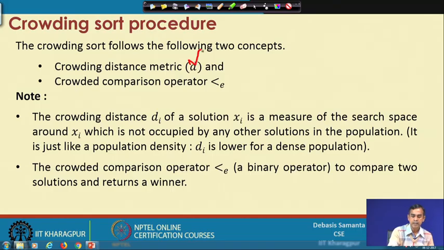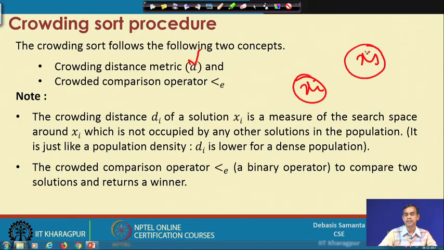This is denoted as d. Then if xi and xj are two solutions, which one is the winner? That is based on the crowding distance of each, using the crowding comparison operator, which selects the winner.